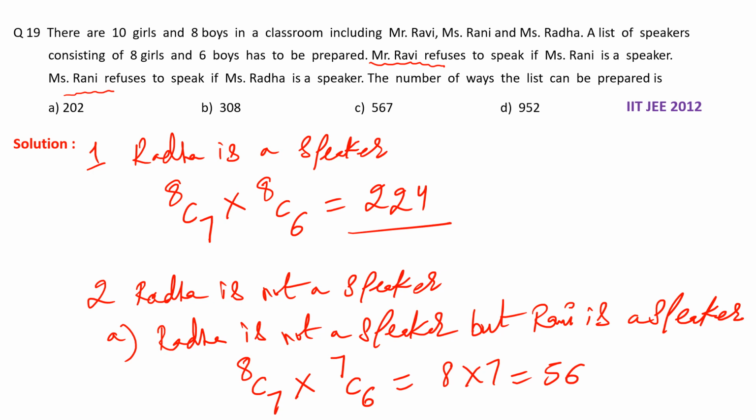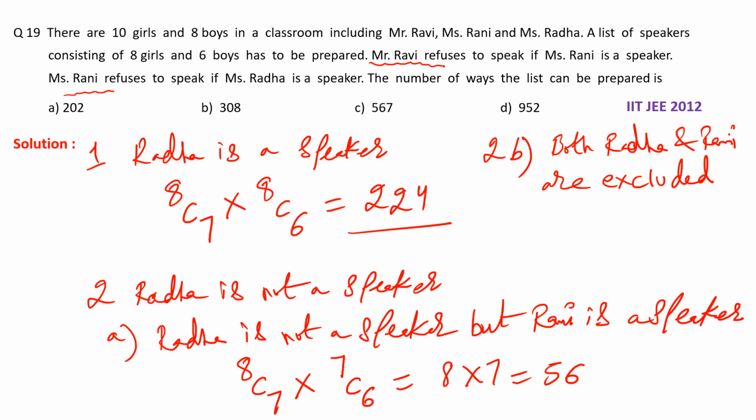Right? Now students, we take the last sub case. What is that? In which both Radha and Rani are excluded. That means they are not included in the list.